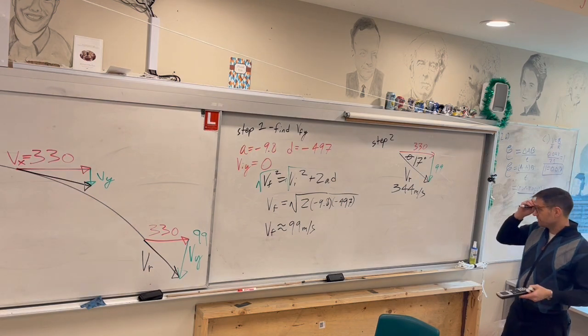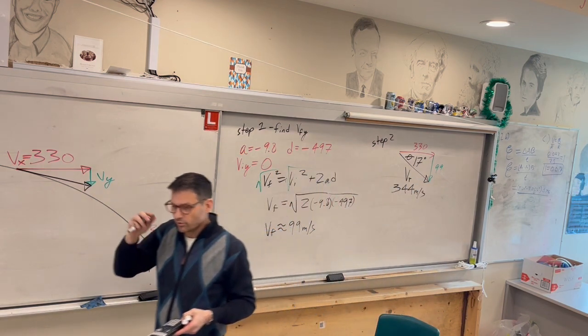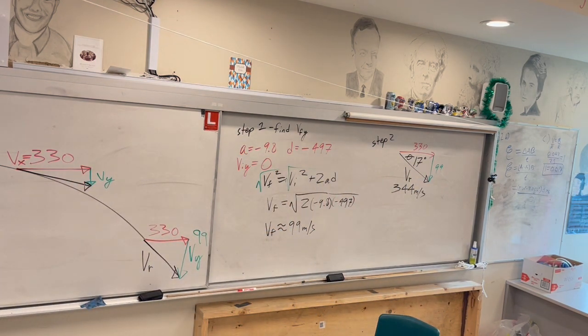Very good, excellent. 344 meters per second, 17 degrees below horizontal. We would call this the angle of depression. The horizontal is line or axis?